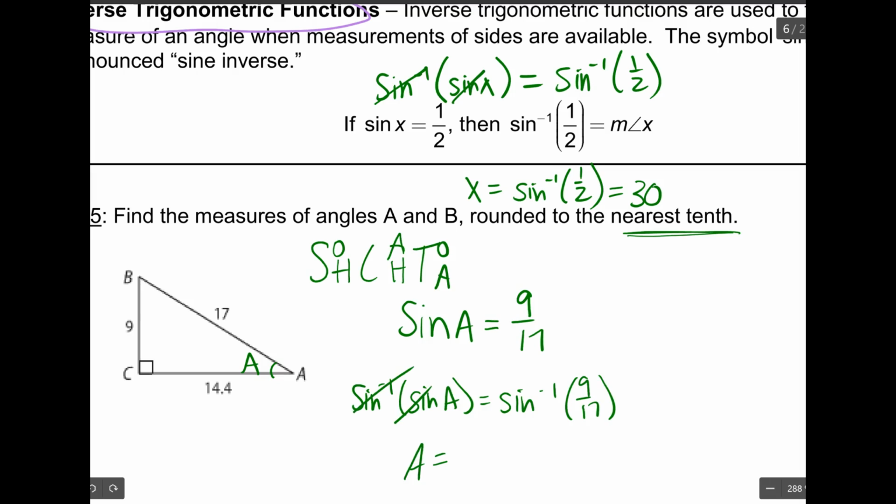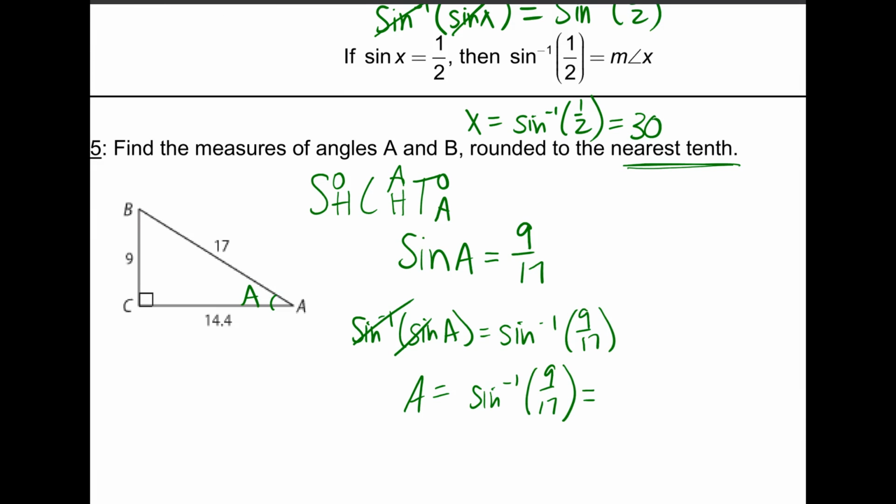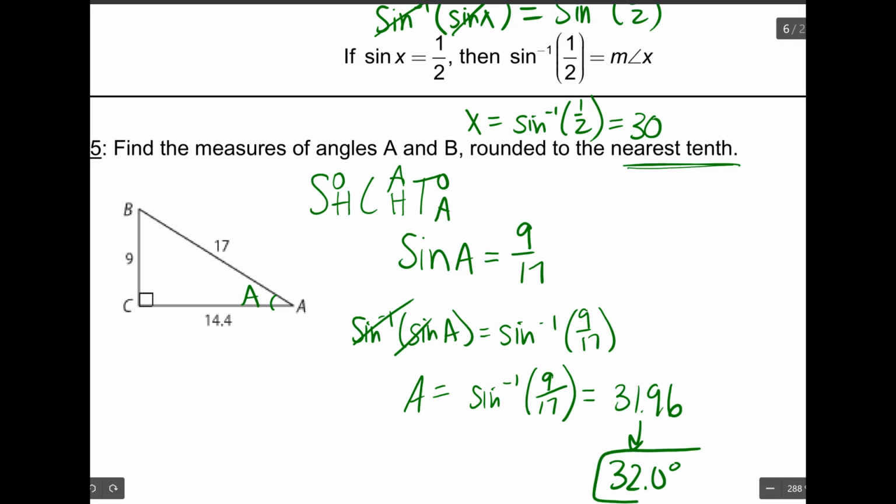So the angle is going to be sine inverse of 9 over 17. So what would that be? It's very important when you're in math class, bring your calculator. 32.0. And this time, you do have to have the degree because the answer is in degrees. So you must have it.